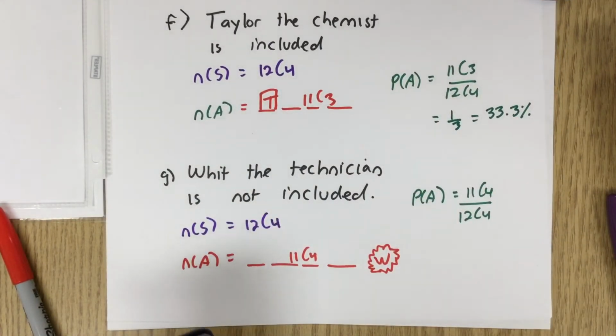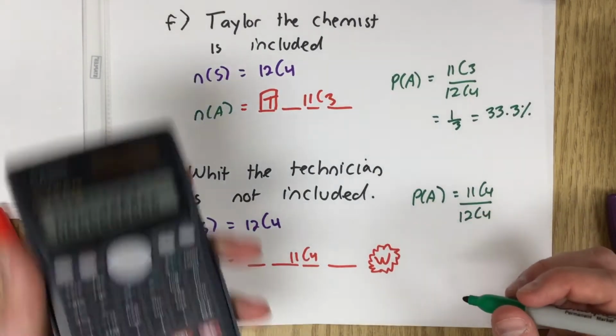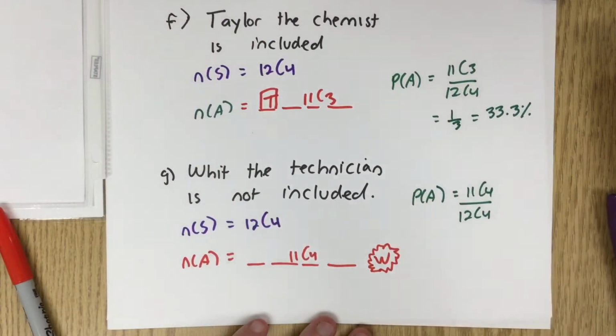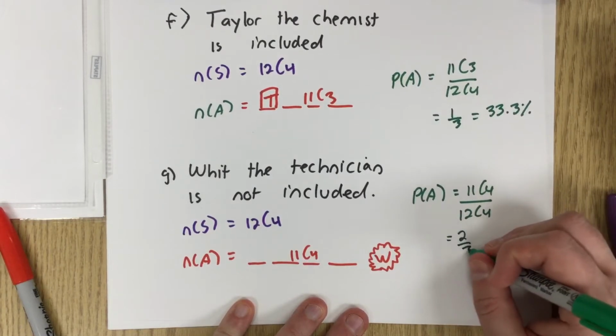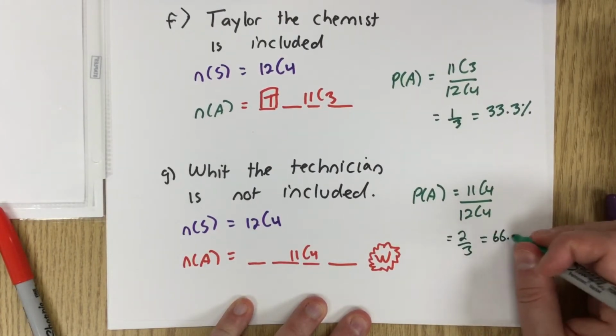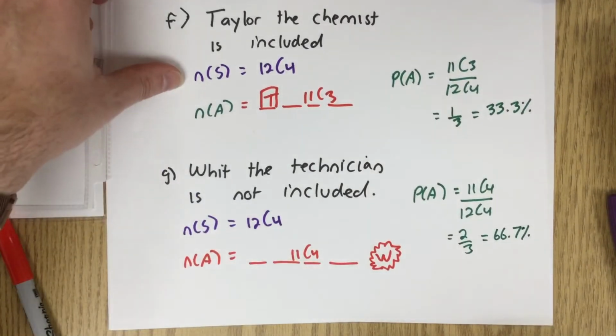And then 11 choose 4 divided by 12 choose 4, and that's 2/3. That actually kind of makes sense. Someone being included and that person not being included would have to add up to 100%. Okay.